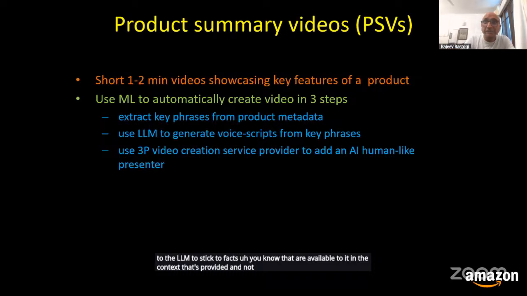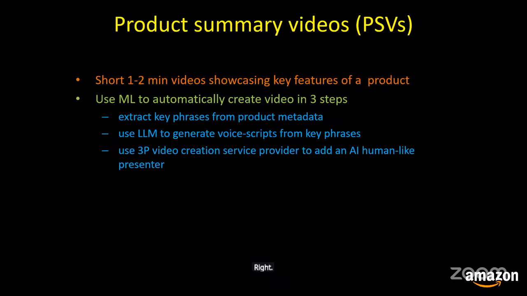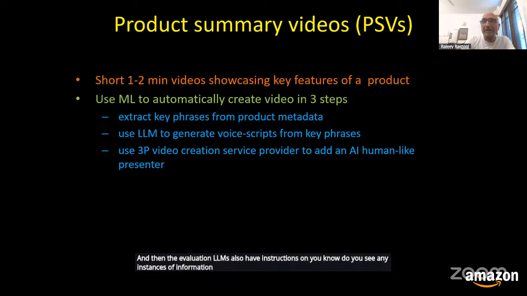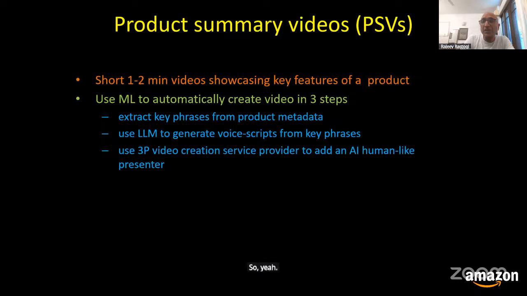The evaluation LLMs also have instructions on whether you see any instances of information in the output that wasn't in the context provided to the LLM. So we use a combination of humans and LLMs to determine hallucination, the accuracy of the descriptions, and so on.